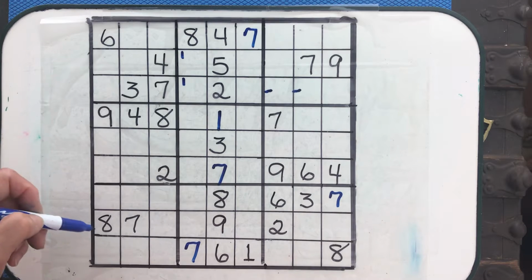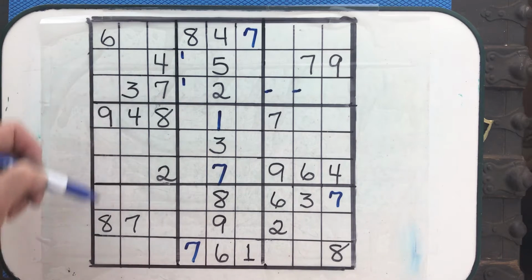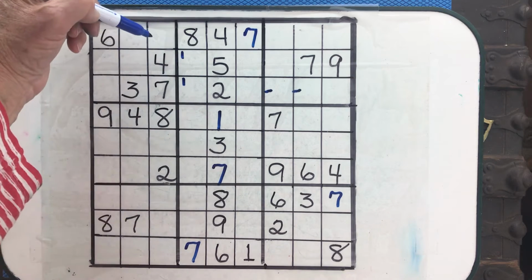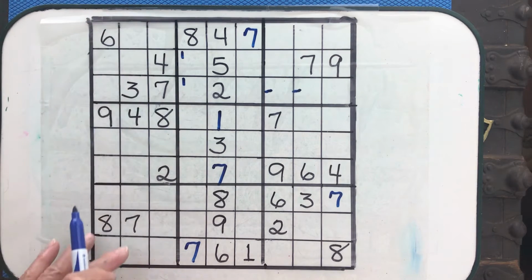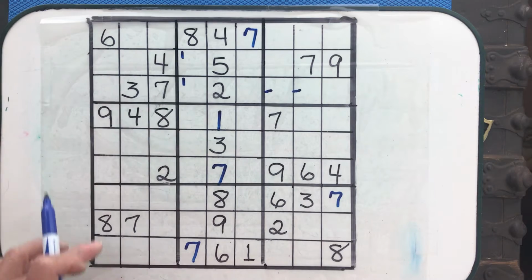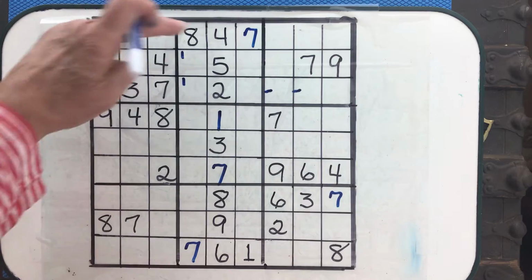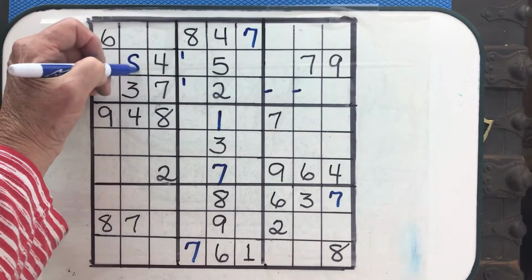All right, let's check out this 8. I have an 8 here, an 8 here, an 8 here. So 8 on this row, 8 on this row. These are the only two chances. Since it goes there, I know I have an 8 here.